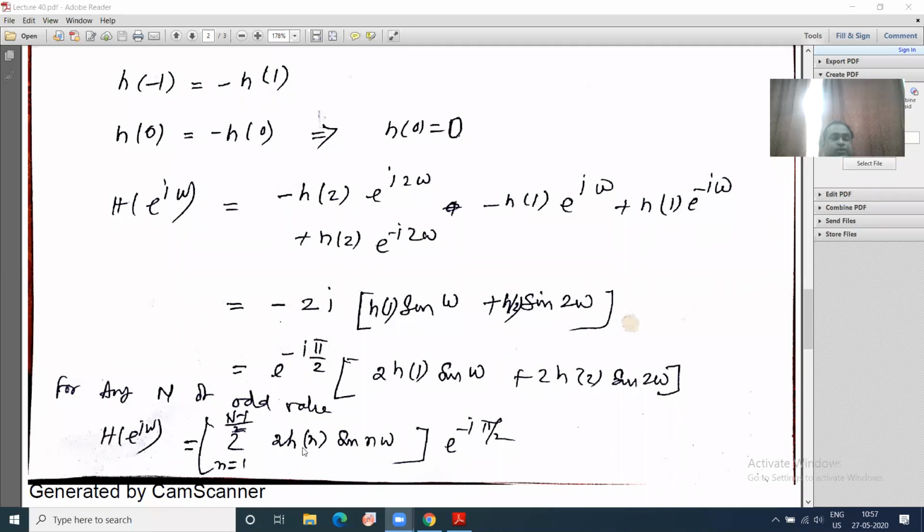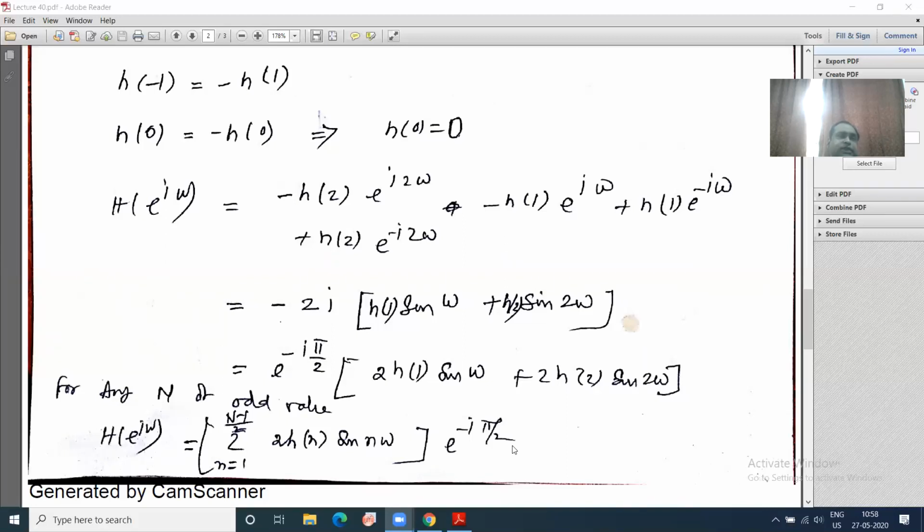The first value of n will be 1, so it becomes 2 h1 sin omega. And the second value will be 2h2 sin 2 omega. So this is in general for any value of n. This is also easy to remember, and this minus is absorbed in e to the power minus j pi by 2. This is also much simpler compared to symmetry about n minus 1.